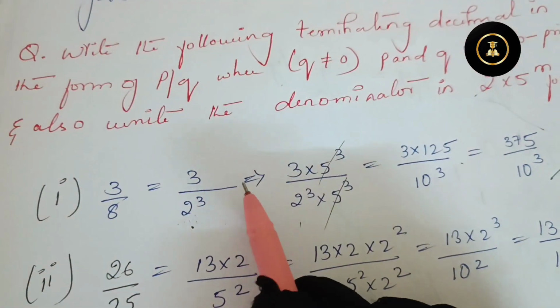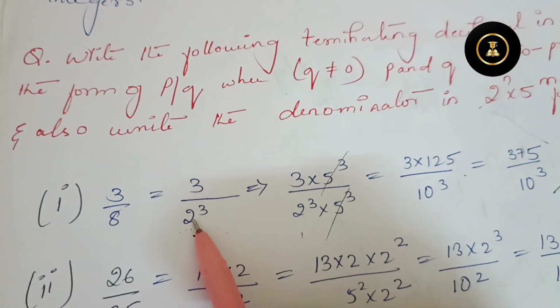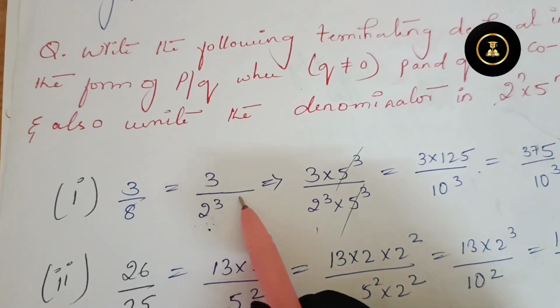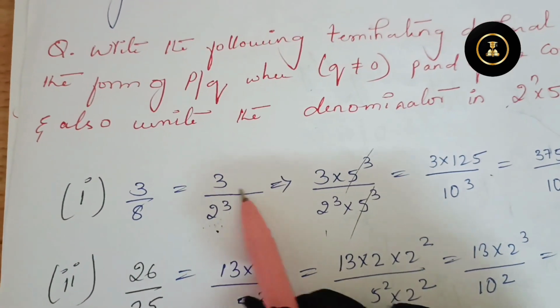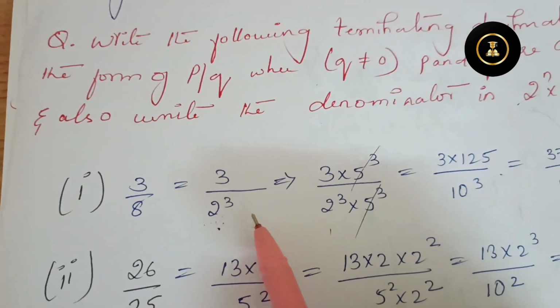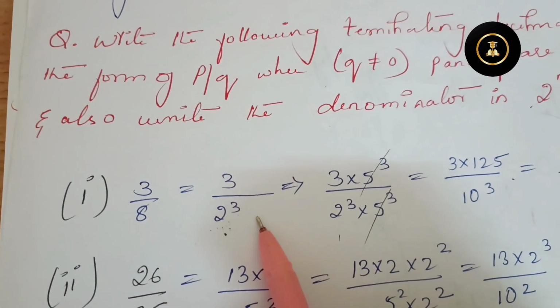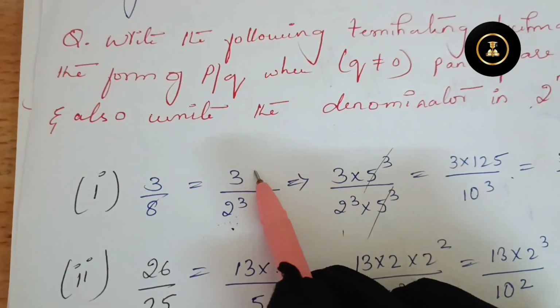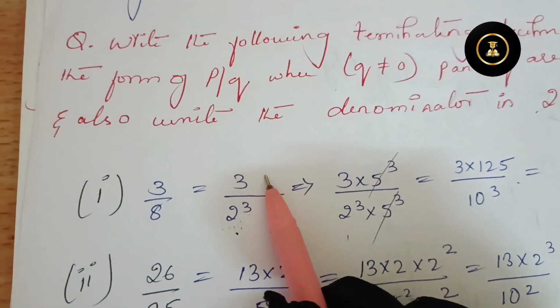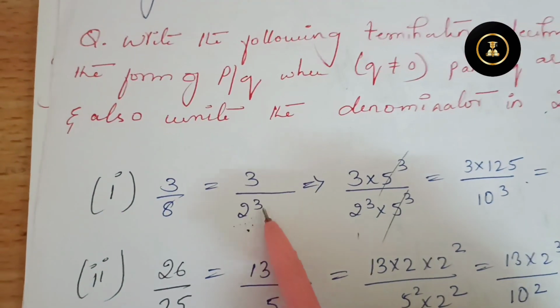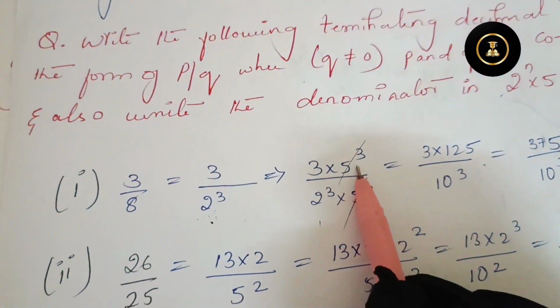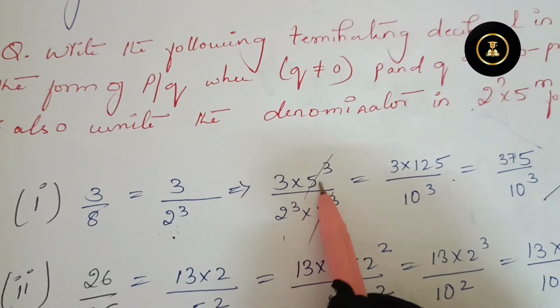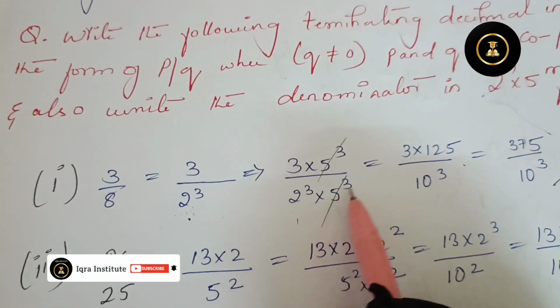After that, here 2 we got, but what they said is the denominator should be in the form of 2 power n and into 5 power m. Here 5 is not given, so we are adding it in the numerator and denominator. We are multiplying the numerator and denominator with the same power of 5. So 3 into 5 power 3 by 2 cube into 5 cube.